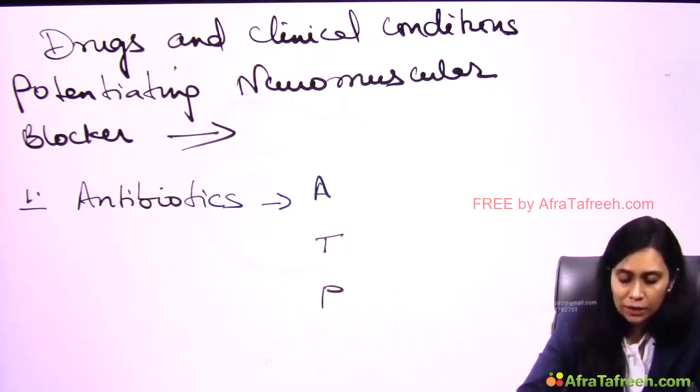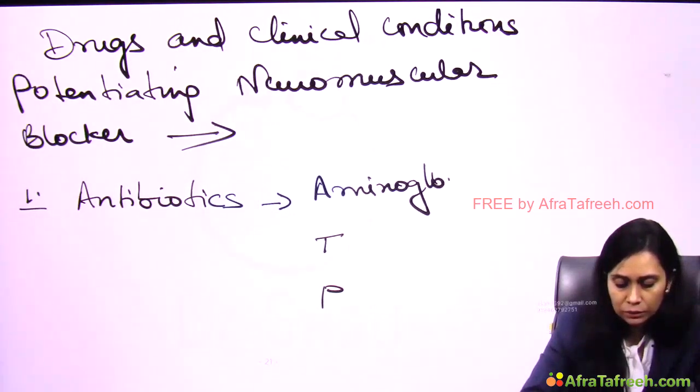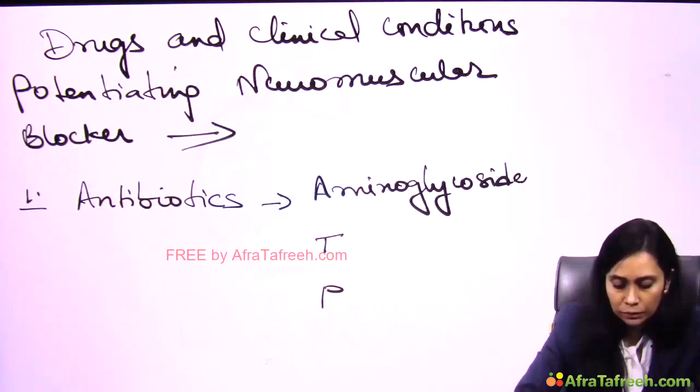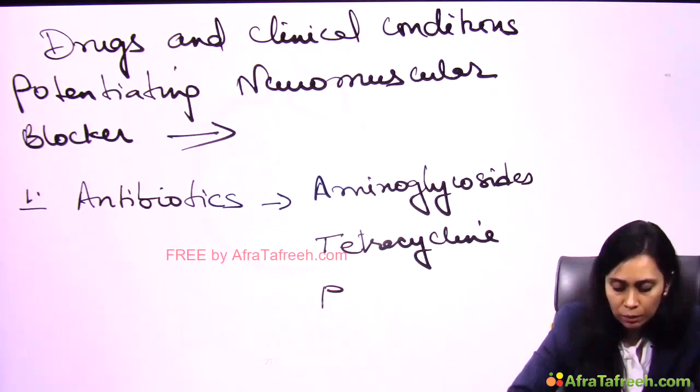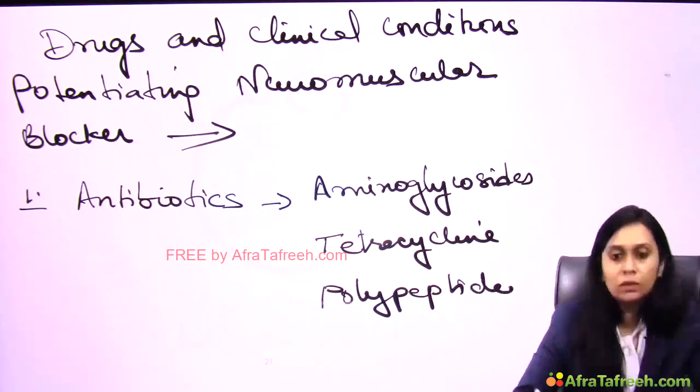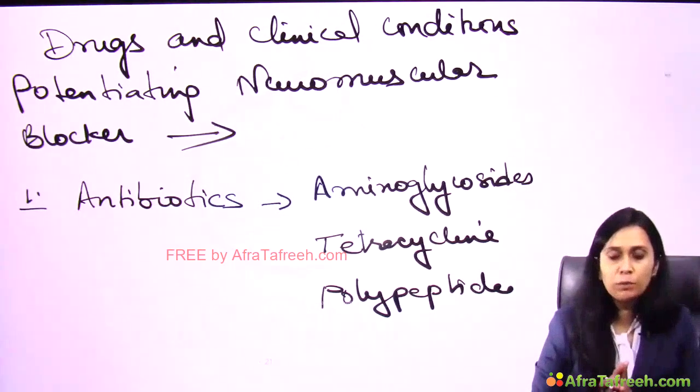A for aminoglycosides, T for tetracycline, P for polypeptide. These three antibiotics potentiate.